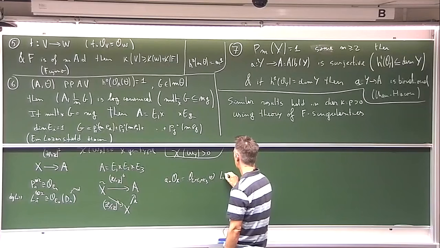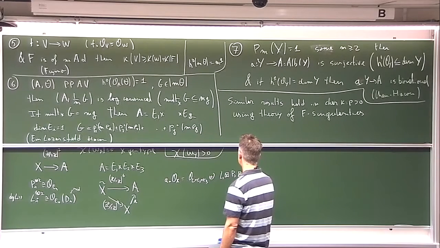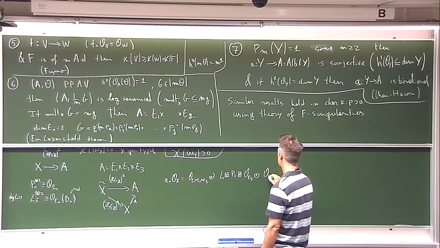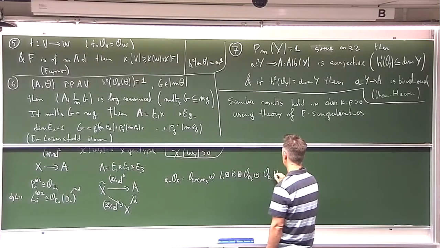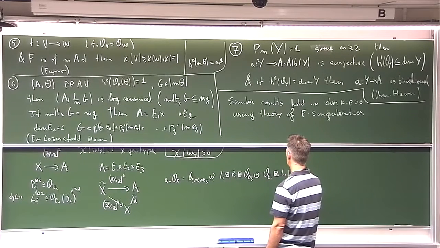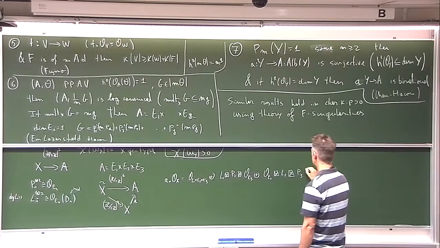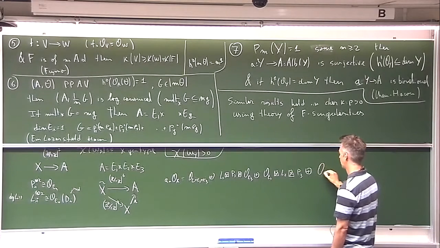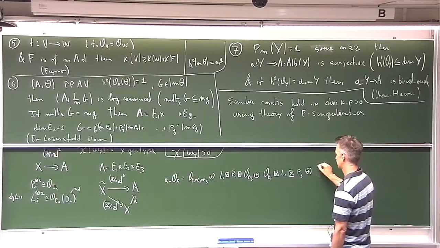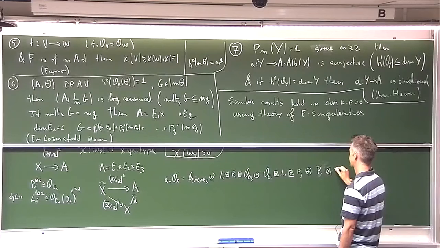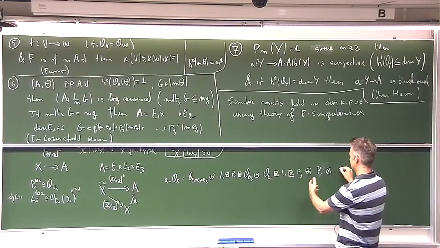L_1 box P_2 box O_{E_3} direct sum O_{E_1} box L_2 box P_3 direct sum, where is it? P_1 box. I lost my train of thought.